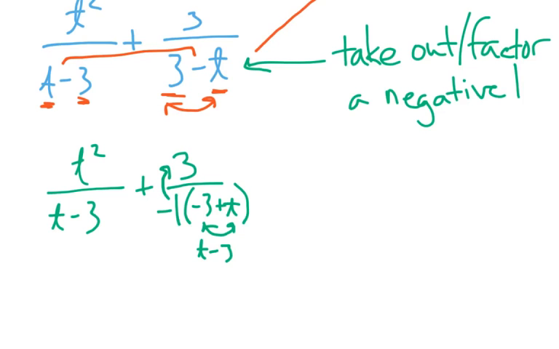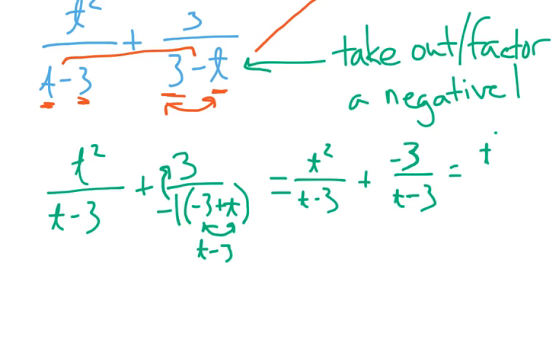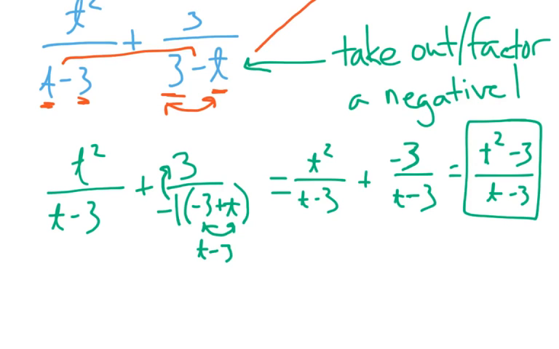And so what I'm going to end up getting is t squared over t minus 3 plus -3 over t minus 3. Now I have a common denominator, and I can combine these to get t squared minus 3 over t minus 3. And that's as far as I can take that one.